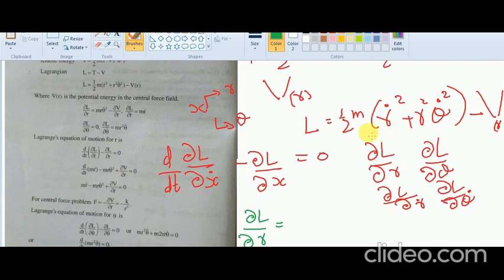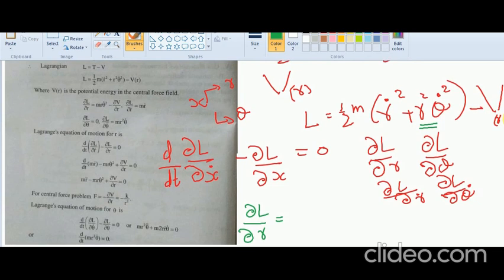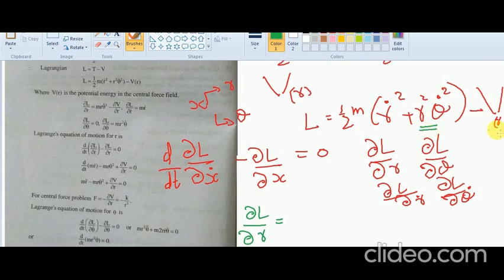You can see that r is in the second term, not in the first term, and V, the potential, is also a function of r.